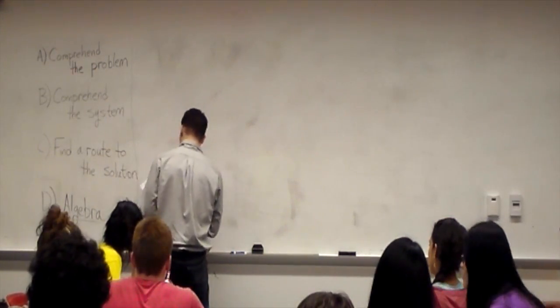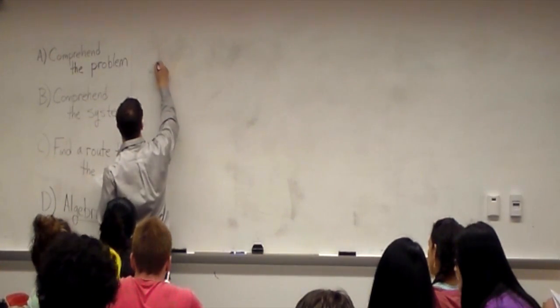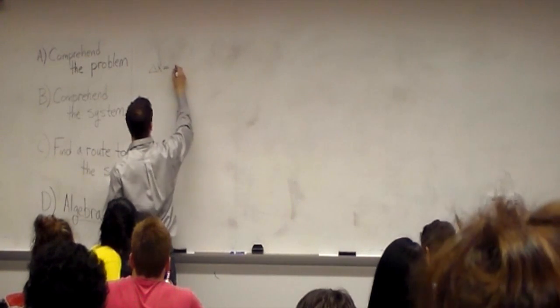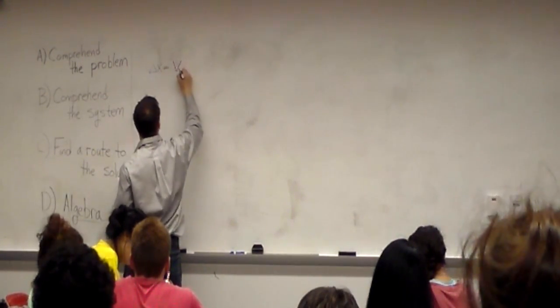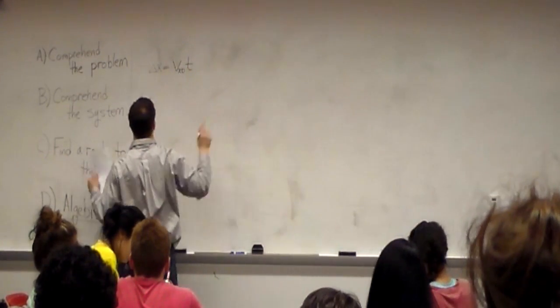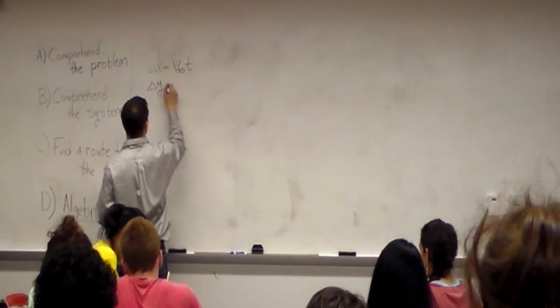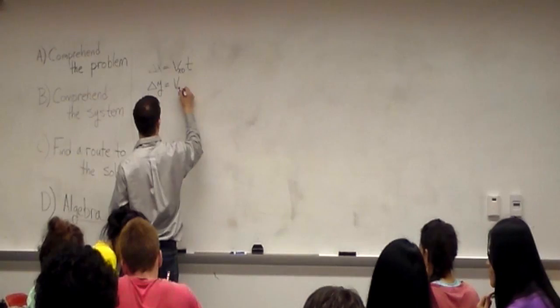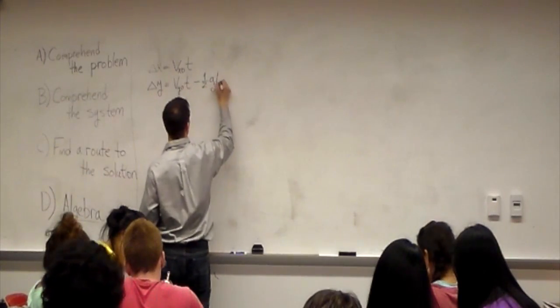So the most general form that you can write this is delta x is equal to v x naught times t, and that's it. And delta y is equal to v y naught times t minus 1/2 g t squared.